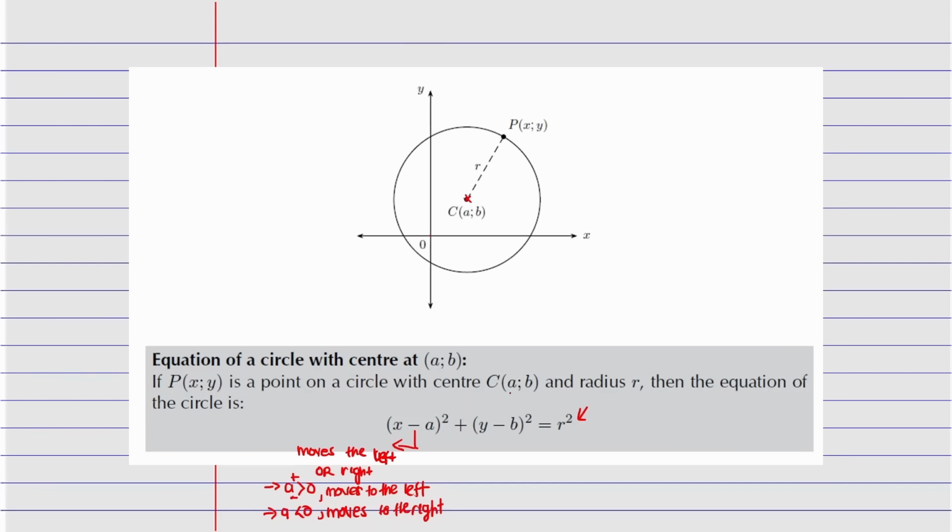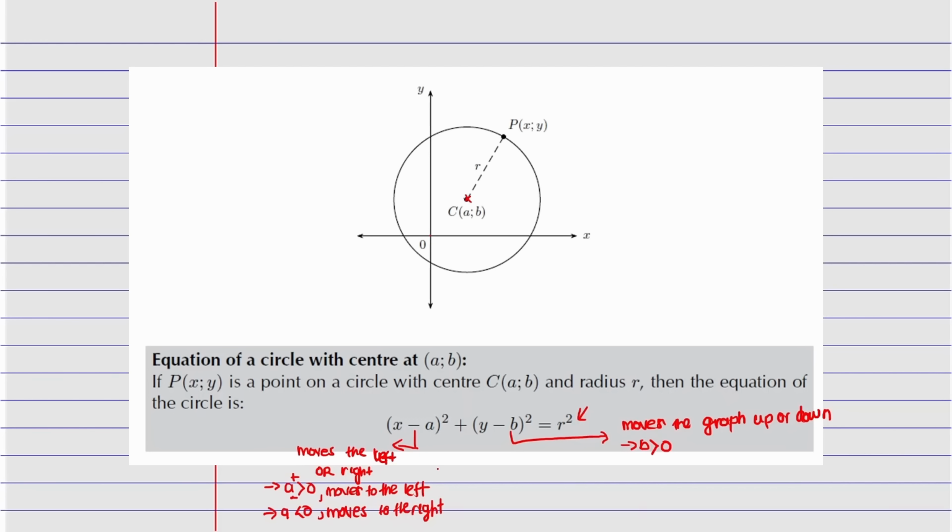And then now we're going to talk about B. B moves the graph up or down, because it's with Y. So when B is greater than 0, it's going to work the way A works.